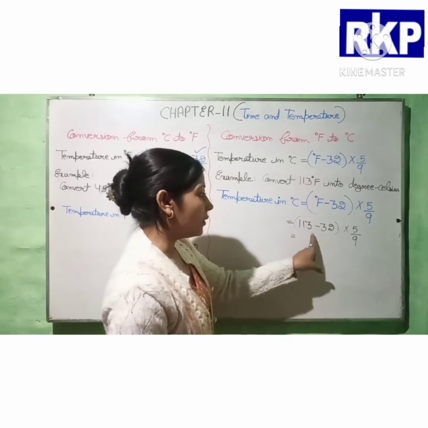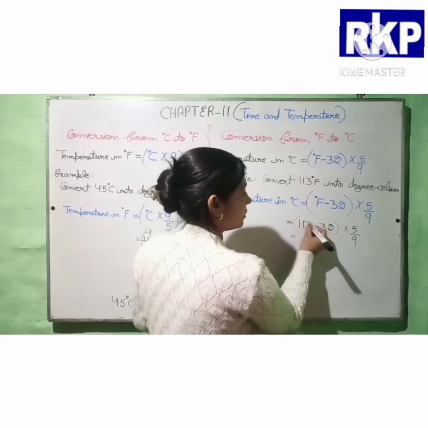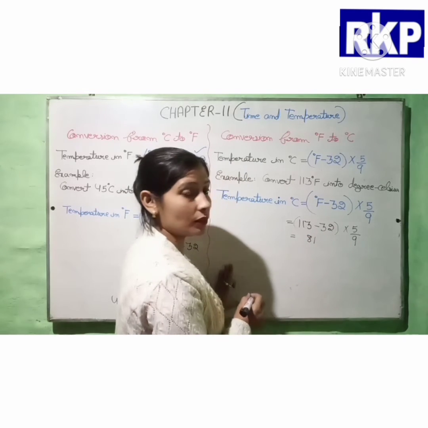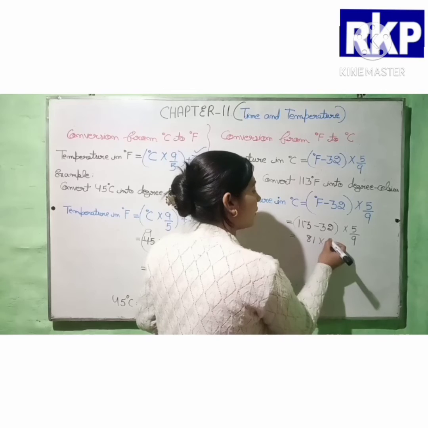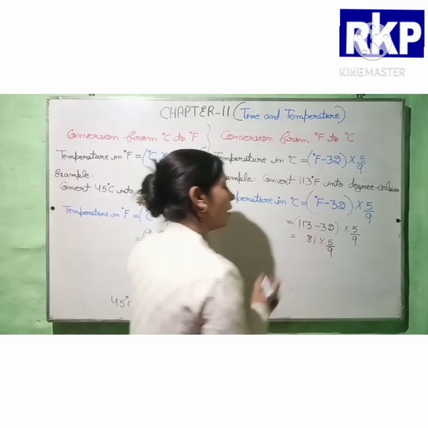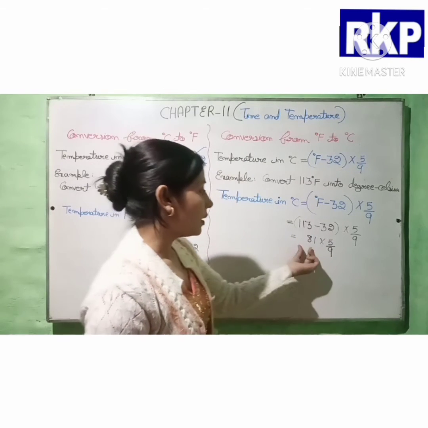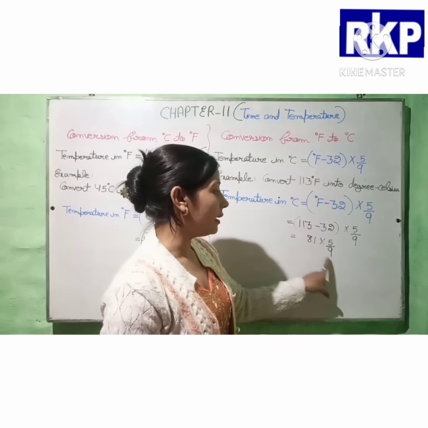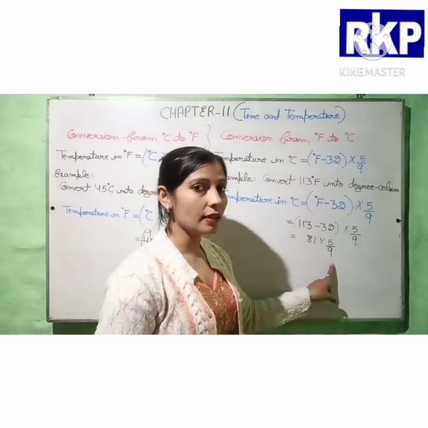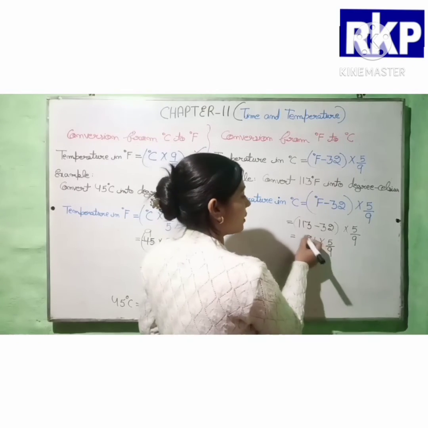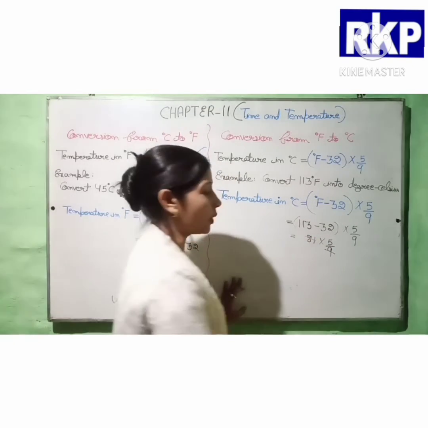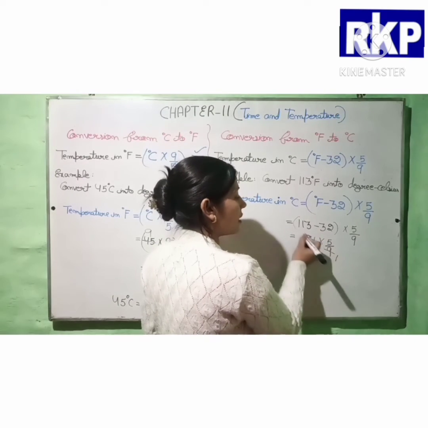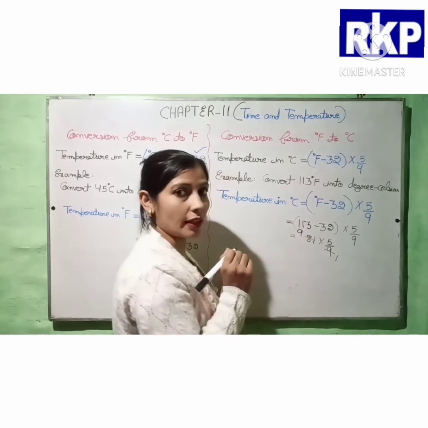When we subtract, we get 3 minus 2 is 1, 11 minus 3 is 8, so 81. Multiply 5 by 9, and here we can cancel. Both 81 and 9 are divisible by 9. 9 ones are 9 and 9 nines are 81.